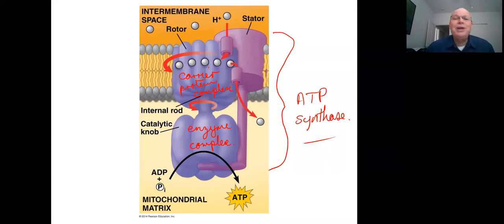So that's how you tap in to the energy of glucose, or more precisely, the electrons in glucose as a source of energy to drive the synthesis of ATP.